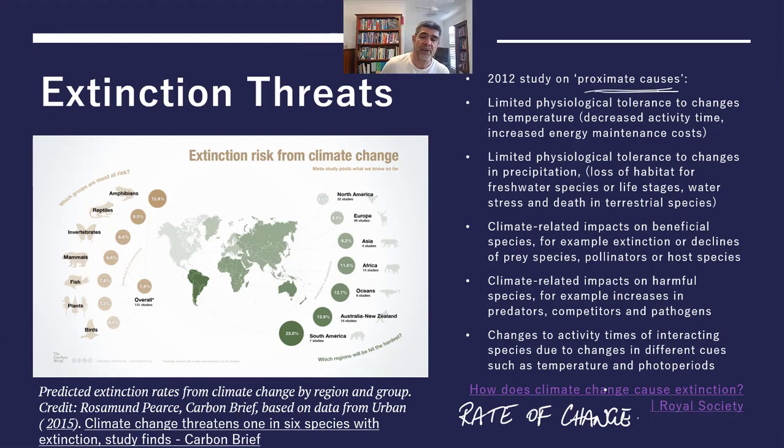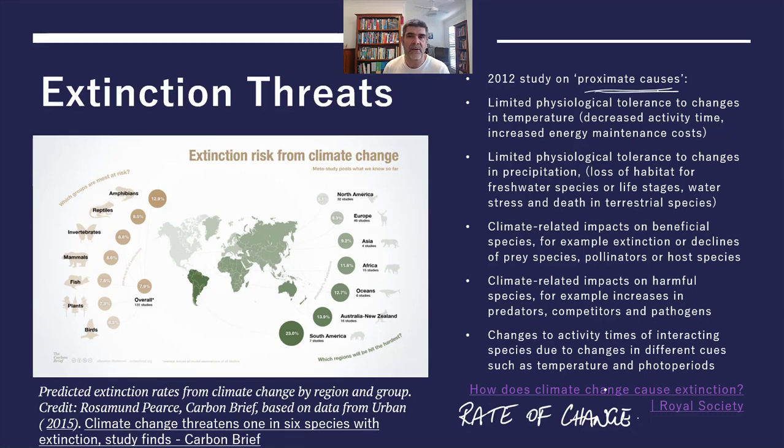The same thing is true about precipitation. If the rates of precipitation change, and that can mean wetter or drier, and those two things are often dependent on whether we're talking about freshwater species, aquatic species that are marine, or terrestrial species. Each of these are going to have different types of tolerances for different amounts of water. The precipitation can create habitat loss for freshwater species, or maybe we see species that do different things at different parts of their lifestyle.